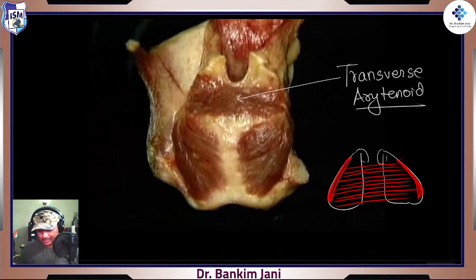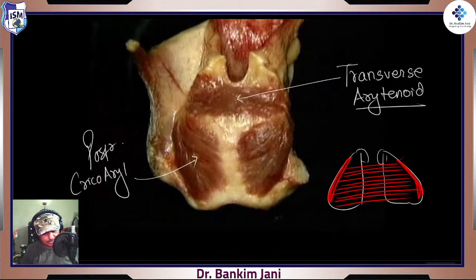So that cricoarytenoid was widening it, and transverse arytenoid will narrow it. And this thyroarytenoid will take it close to the thyroid cartilage. So that's how it forms. And by the way, these muscles, we have already seen it. It is none other than this posterior cricoarytenoids, correct? Arytenoids.